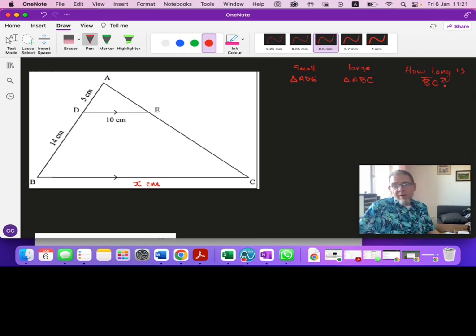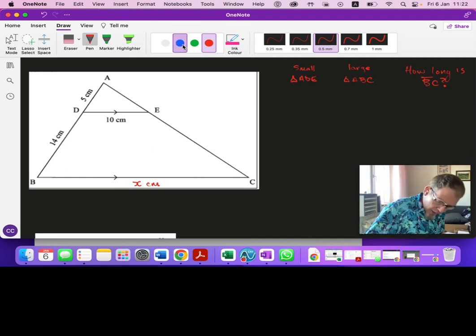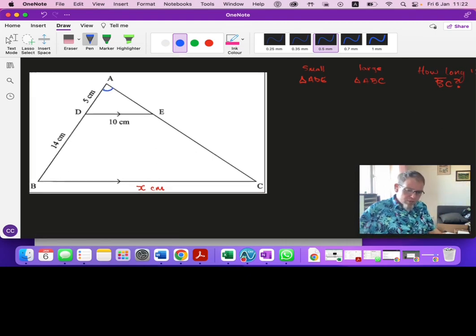First off, we have to figure out, are these two triangles similar? If they're similar, then we've got that common ratio that we can play around with. Because if they're similar, then the sides have to exist as a common ratio. There has to be that same proportionality constant. First off, we know right away angle A is the same in both triangles.